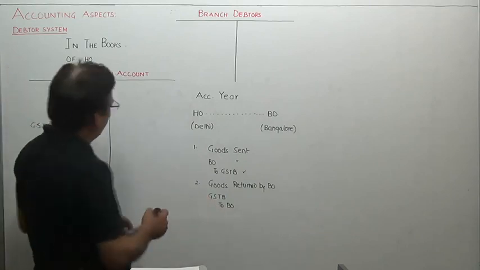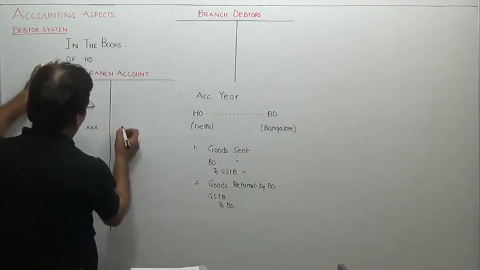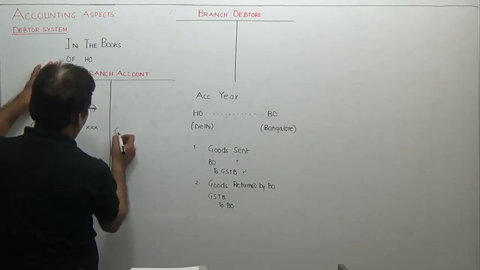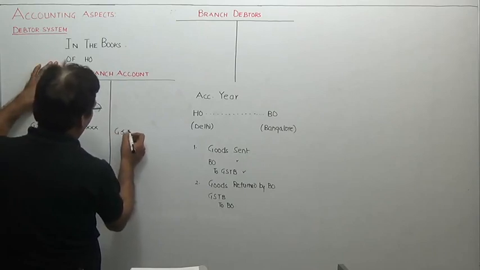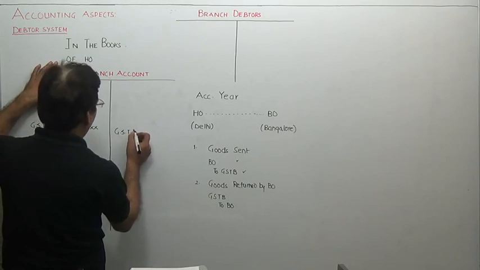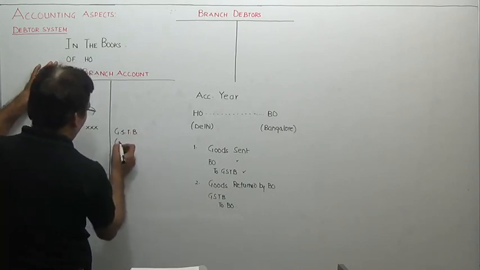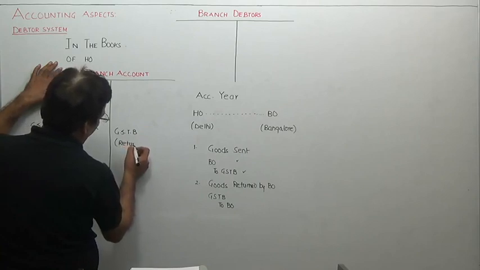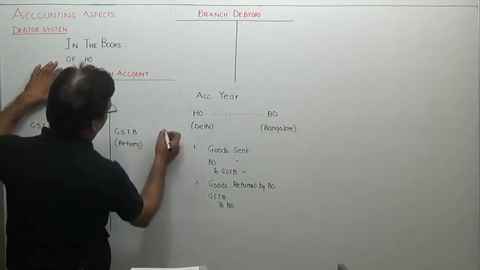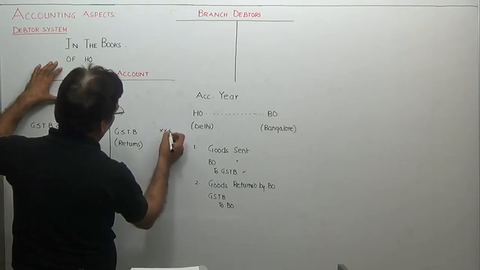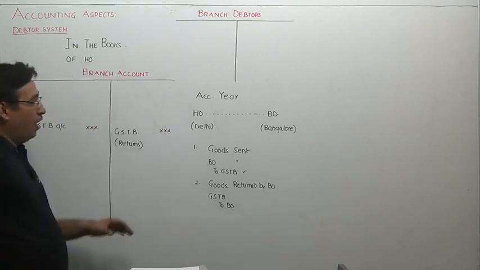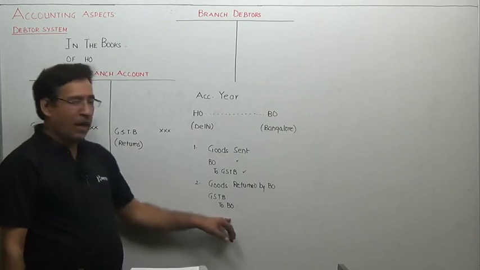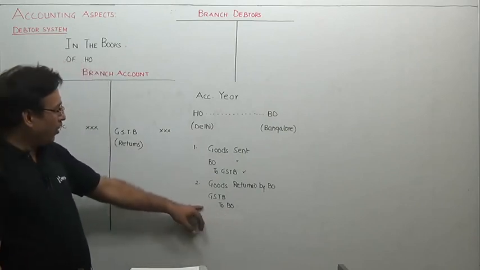So as per this entry, you are going to write on the credit side of your branch account, 'By goods sent to branch', and in bracket you write 'returns' if you want to show returns, and in the outer column you write the amount, correct? So that is the reason goods sent to branch returns are posted to the credit side because of this particular entry.